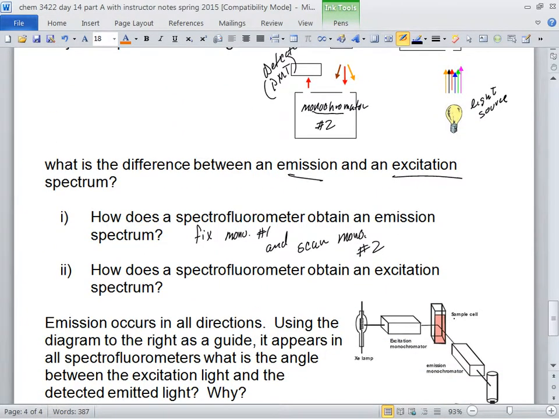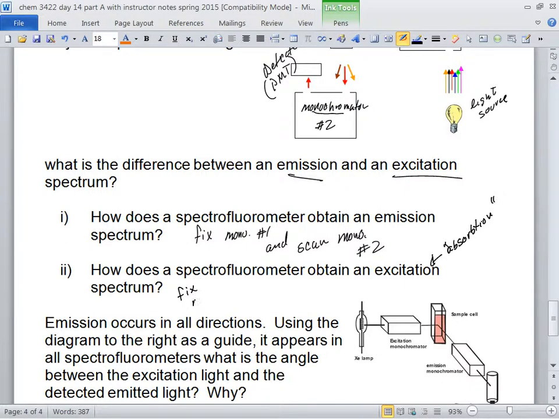How do you obtain an excitation spectrum? I think a word for this is the same as an absorption spectrum. How can you get an absorption spectrum using a spectrofluorometer? All you do is you just switch these guys around, right? We're going to fix monochromator number 2.